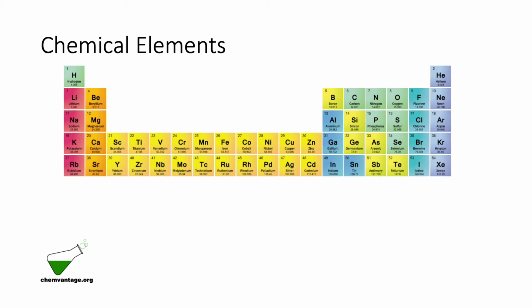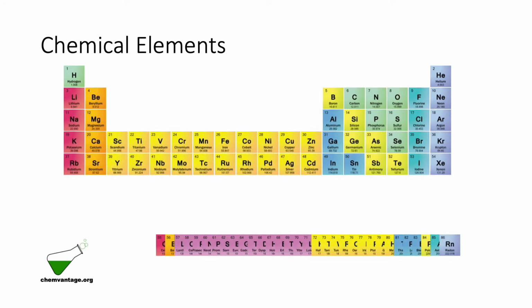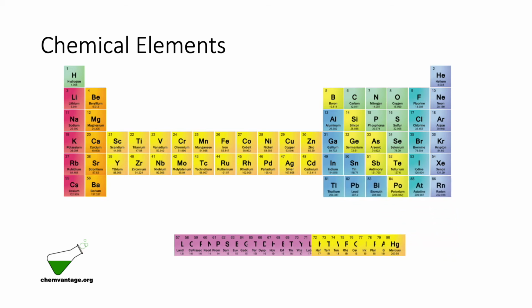As we look to add row 6, we must add 32 elements before we reach the next inert gas, which is radon. The first 2 members of this row, cesium and barium, are a good fit to the existing pattern. The last 6 elements are also a good fit, starting from radon and working backwards. Still working backward, we can fit everything from hafnium to mercury just fine.